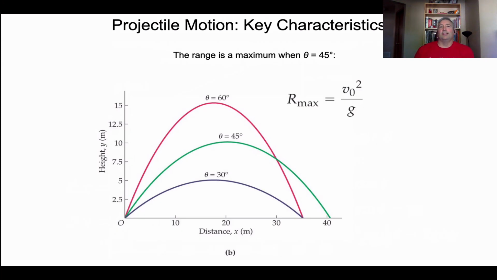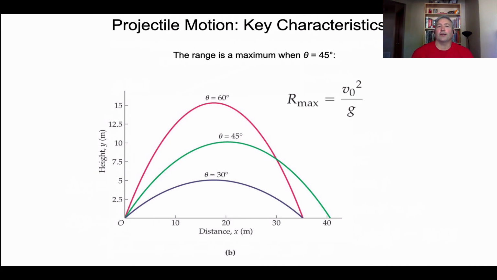So this is showing us how the range changes based on the angle. And if we change the angle, there's actually two different angles that would land at the same spot. And both those angles are the same angle away from 45 degrees.